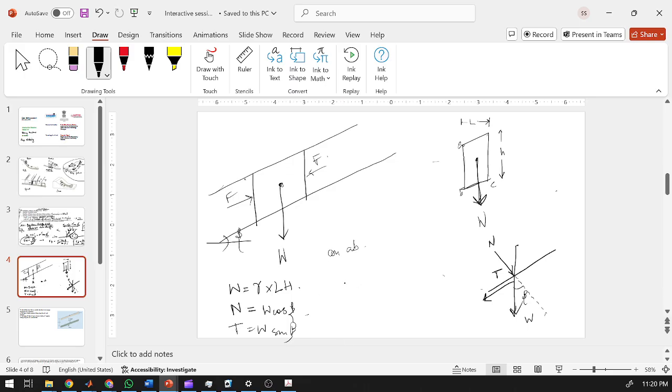And we calculate the stress: we divide by area in the normal direction.